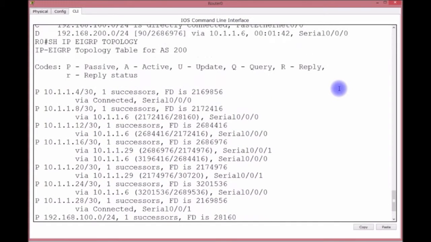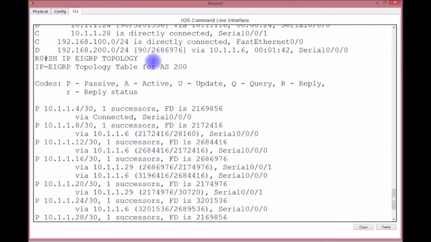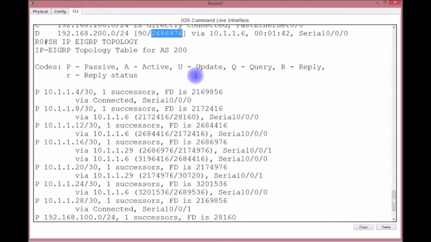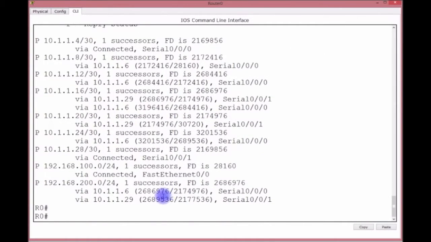But which number made it up there? The 268-6976. 268-6976. Okay, here's a 268-9536. So this is a bigger metric, right? A bigger feasible distance. So therefore, it is a backup route. It is a feasible successor.